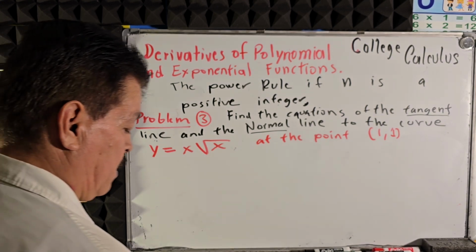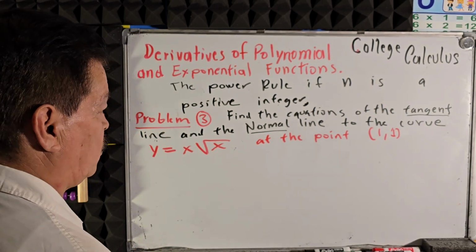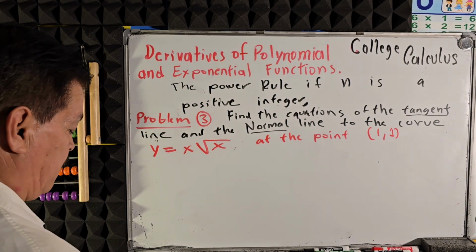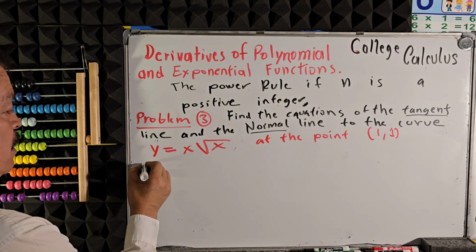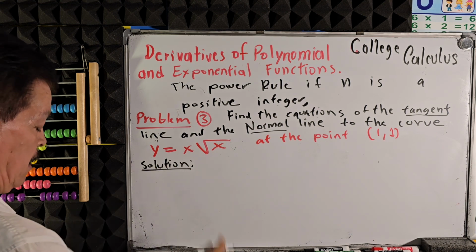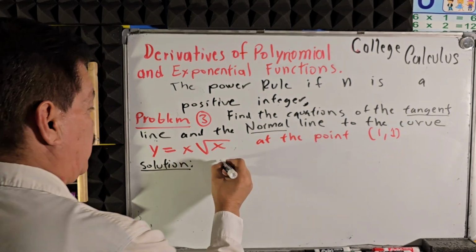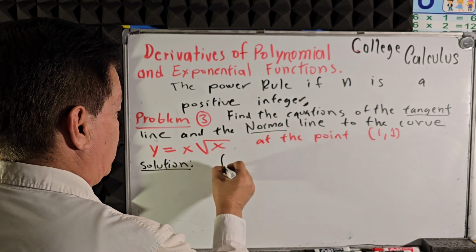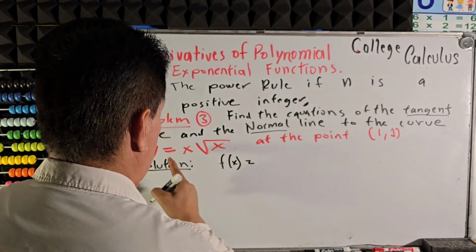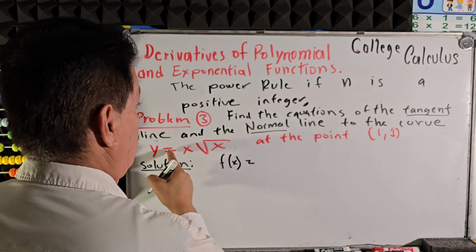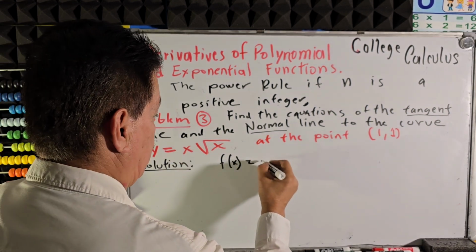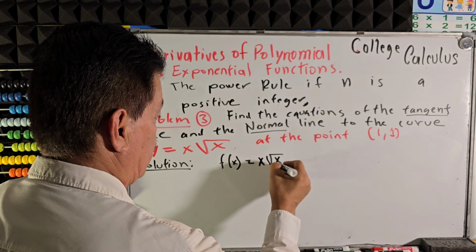Okay, the solution. What is the solution to this problem? It's a little bit longer. We have all the data right here. So f of x equals x square root x.